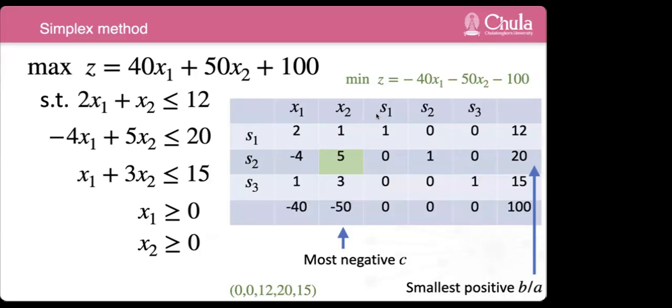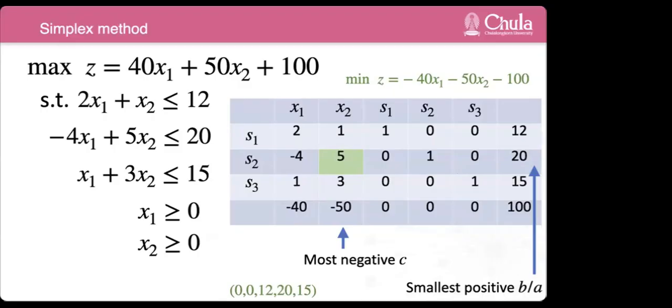Why? Because you see that if x1 is 0 and x2 is 0, because they are both non-basic variables, we set them to be 0. If x1, x2 are 0, we know that s1 must be 12. Also, this one is 0, this one is 0, then s2 must be 20. 0, 0, so this one must be 15.